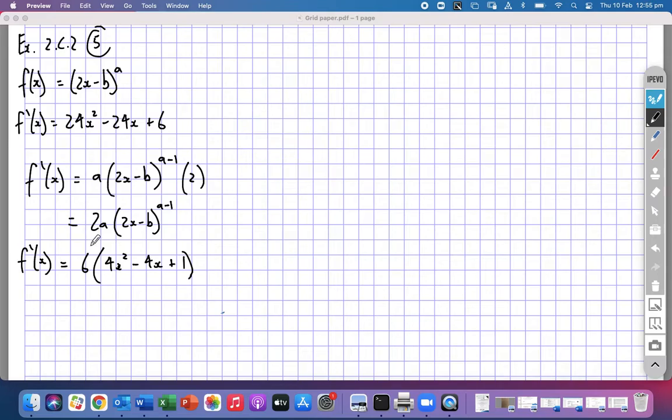Right, and again, I can see that the a should be 3, although the form of these derivatives does look a bit different. This is 2x minus b, but it looks different to 4x squared minus 4x, but pretty sure a is going to equal 3 here.